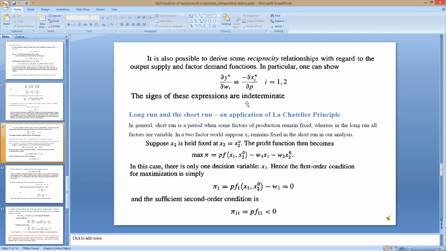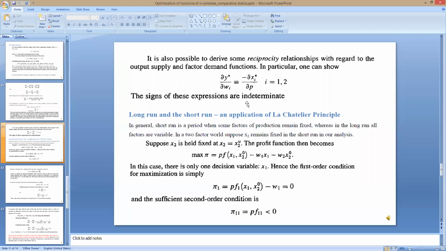Similarly, del x2 star by del w1, del x2 star by del w2, del x2 star by del p. Finally, we can find out del y star by del p, del y star by del w1, and del y star by del w2.